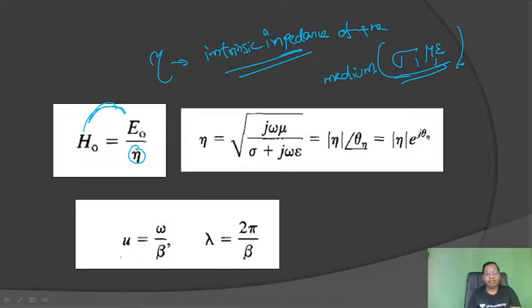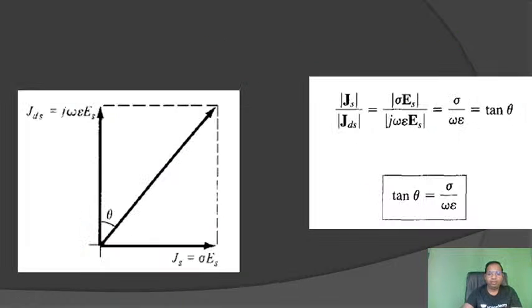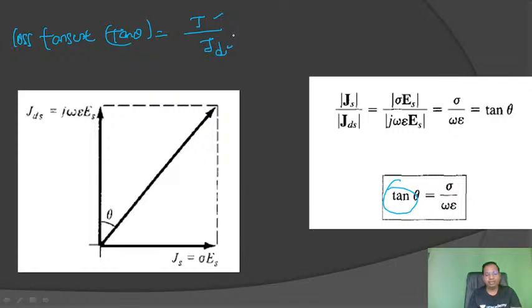You can take it like this, and here u represents the phase velocity, and lambda, all of you know, is the wavelength. Here tan theta can be taken as the loss tangent, and this tan theta is the ratio of the conduction current density and the convection current density.